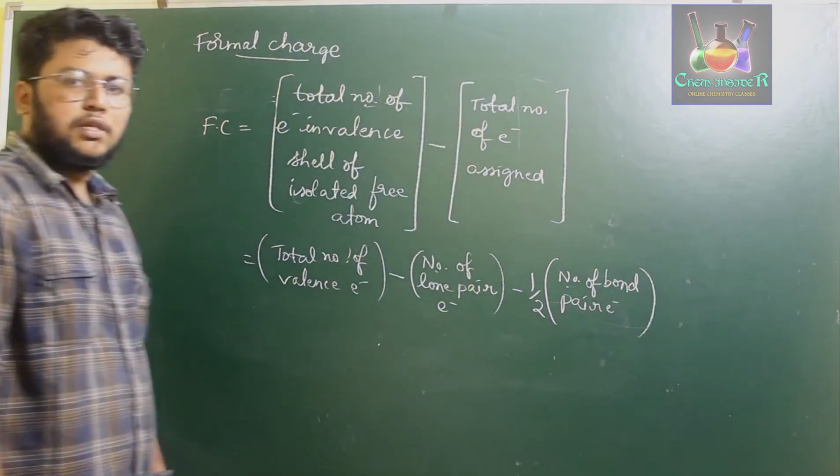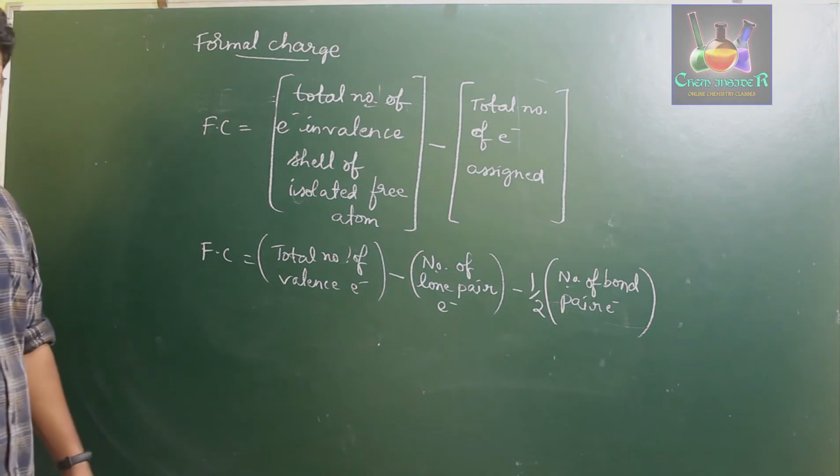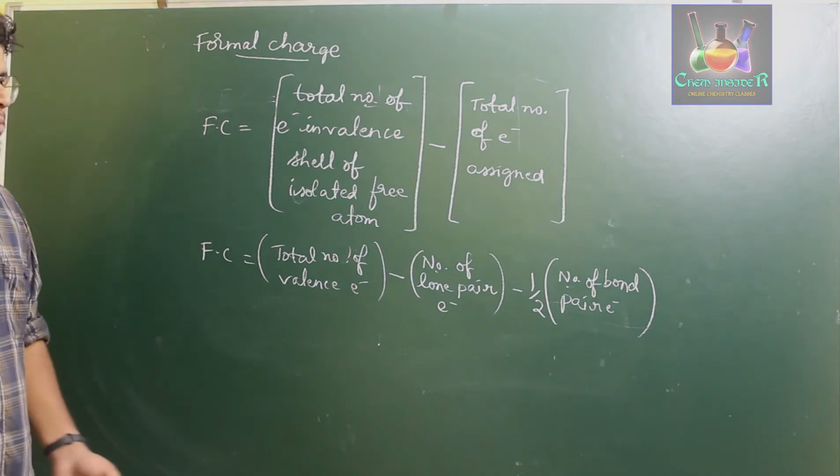So this is the formula to calculate the formal charge of an atom or ion in a given polyatomic species.